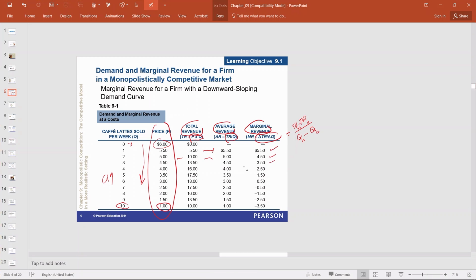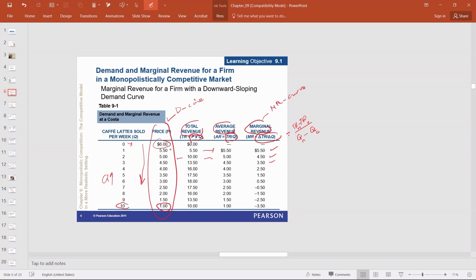Now, if you look at the behavior of these numbers, especially the price, because price is going to be the demand curve, and marginal revenue is going to be the marginal revenue curve. Look at the behavior of these numbers.